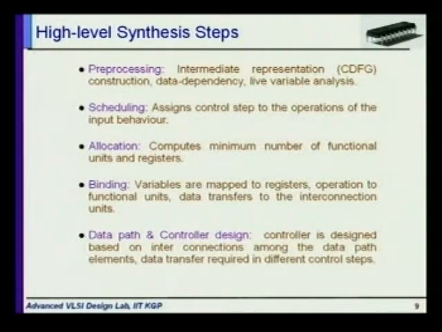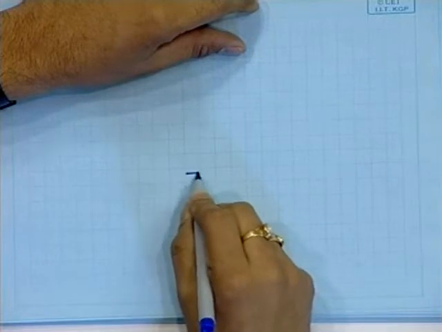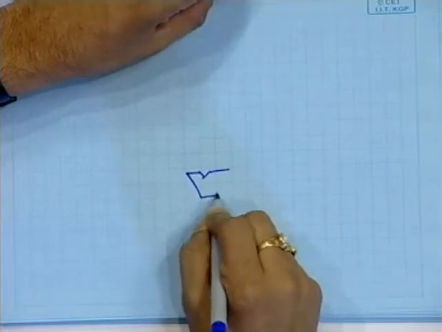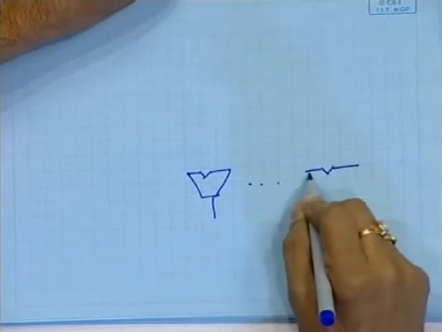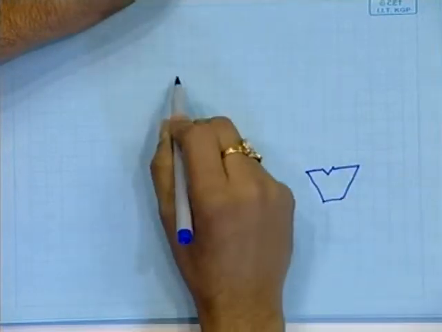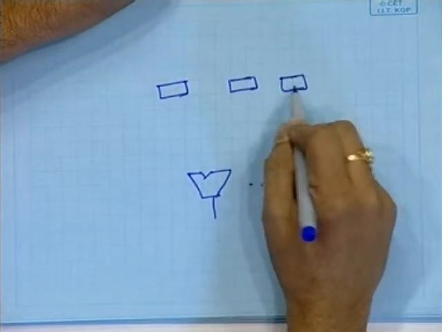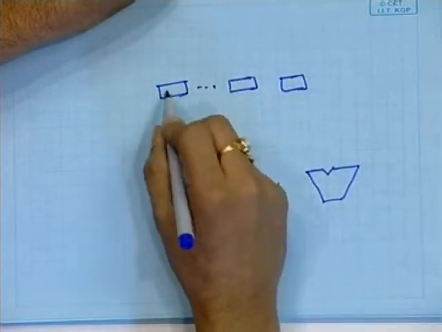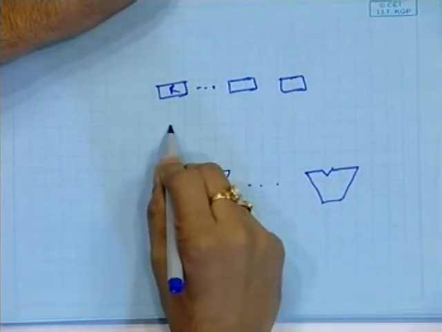Suppose you have designed an RTL. You can view an RTL like it consists of some function units, a set of registers and their interconnections.